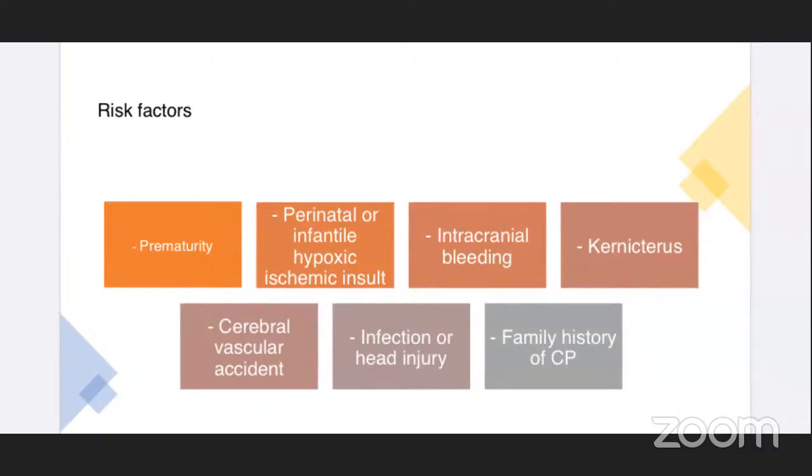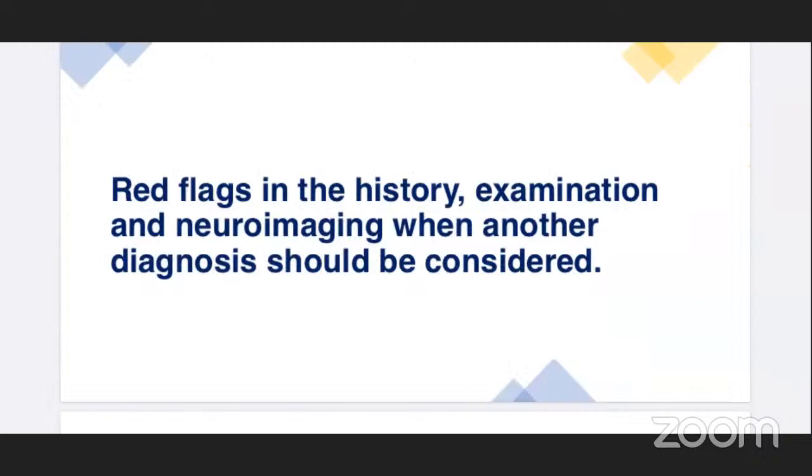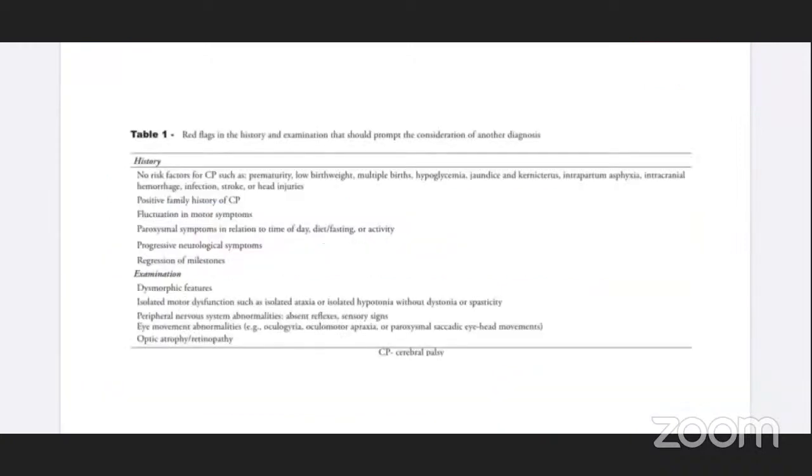We have some red flags in the history, examination and neuroimaging that we should consider while taking the history or examining the patient. In the history, we should not find any risk factor for cerebral palsy, such as prematurity, low birth weight, multiple birth, hypoglycemia, jaundice, kernicterus, intracranial hemorrhage, infection, stroke, head injury, or positive family history for cerebral palsy.